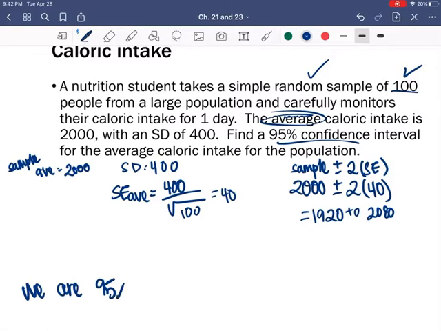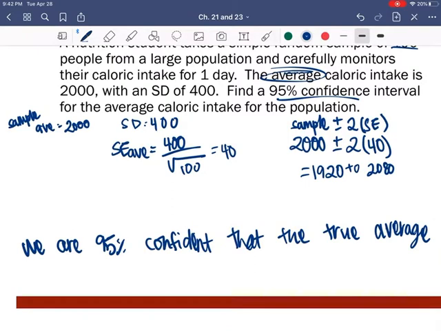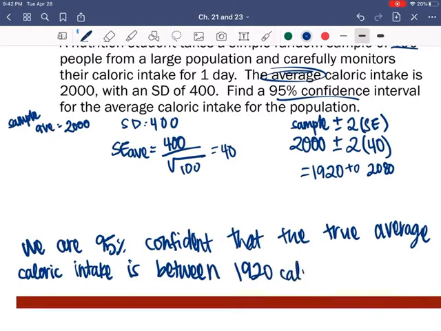So we are 95% confident that the true average or actual average caloric intake from that large population is between the two numbers we got. So 1920 calories and 2080 calories.